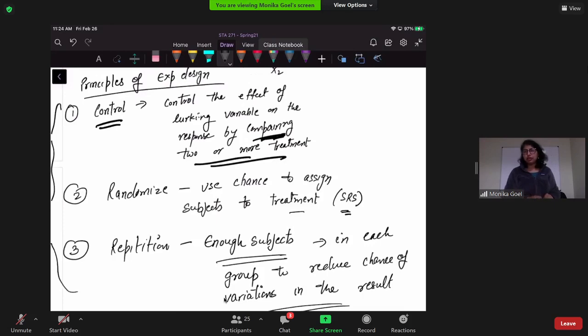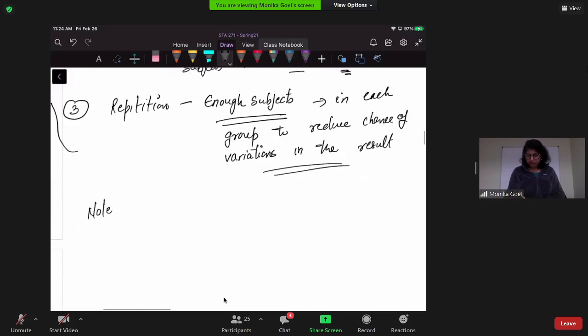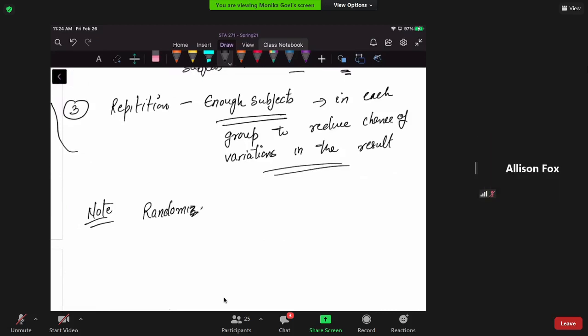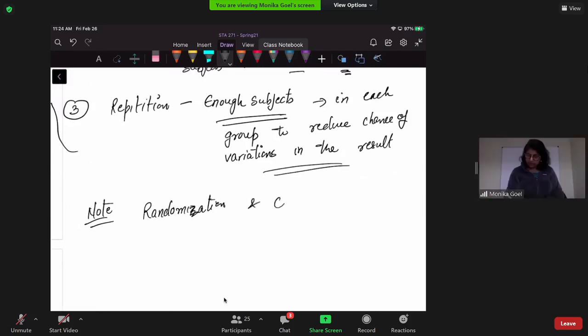And again, they are important because we follow all these 3 experimental design principles when we do the actual experimental design. And then you can write a note to yourself: randomization, which is your second point, and comparison, which is your first one, together prevent bias or systematic favoritism.